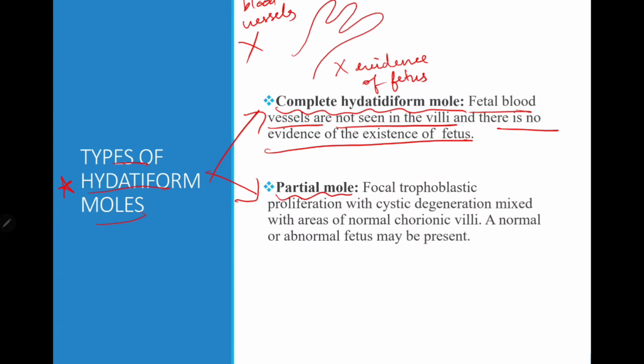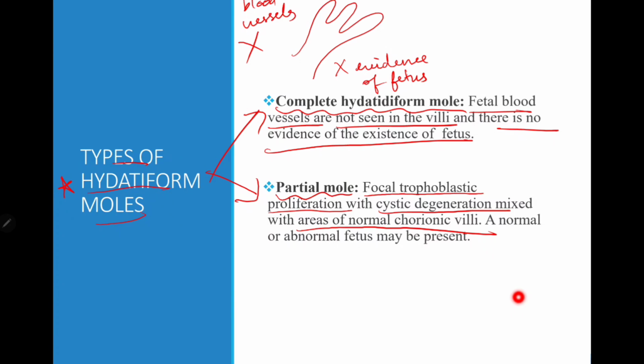Whereas a partial mole, when do you say it's a partial mole? When there is a focal trophoblastic proliferation with a cystic degeneration mixed with areas of normal chorionic villi. So what is a partial mole?